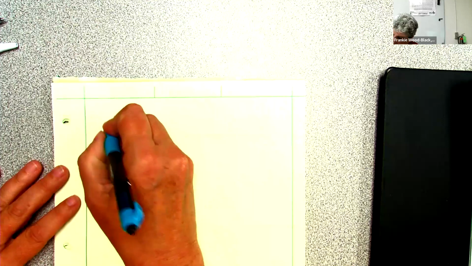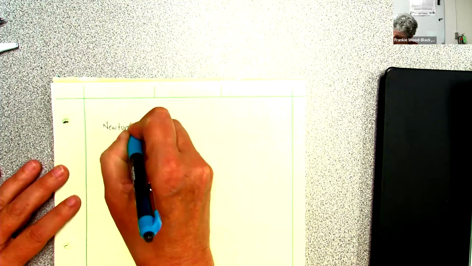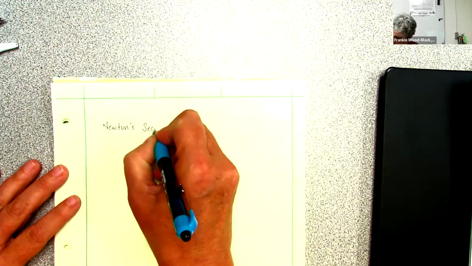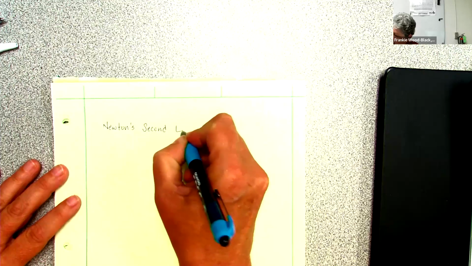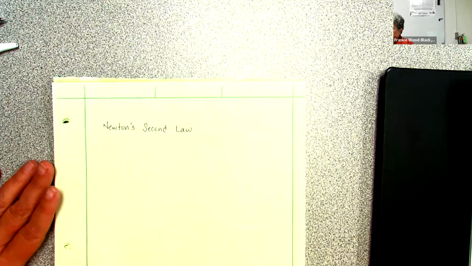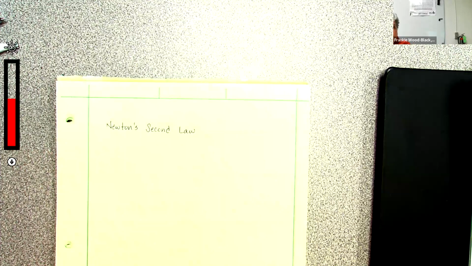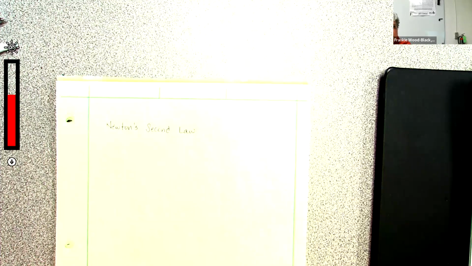So when we first defined Newton's second law, I actually said that's a little kind of squirrely, because really, hang on, I'm going to change this so we don't go the other direction.